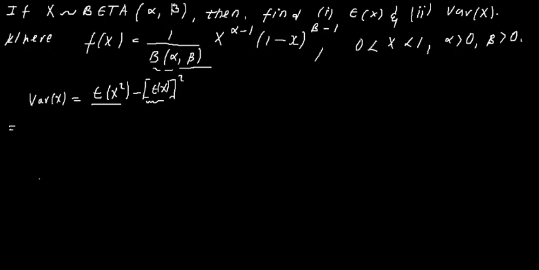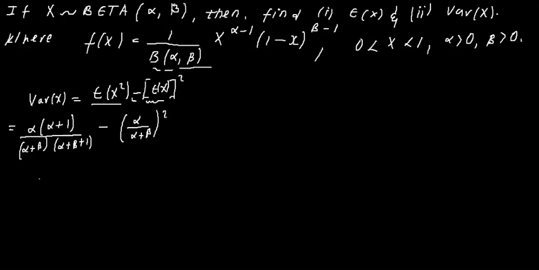It is just alpha plus 1, close the bracket, then we have alpha plus beta, then open bracket, alpha plus beta plus 1 like that. And minus, here, what we had as our expected value is alpha over alpha plus beta, squared.